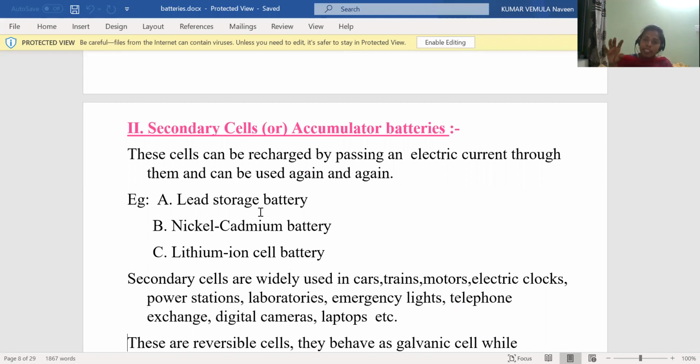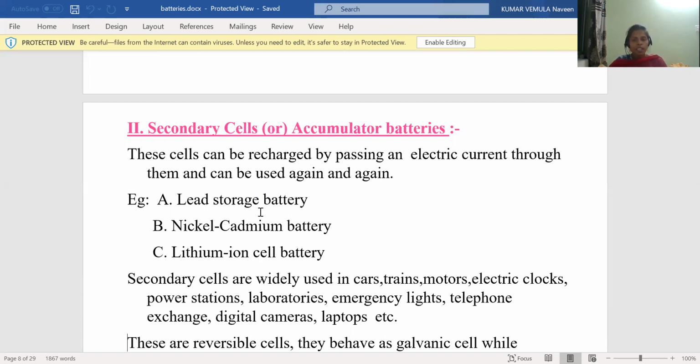So for example, in a mobile phone battery, after complete discharging, by applying direct current, the energy is again stored in the battery as chemical energy. Again in the discharging process, that is, in usage, the stored chemical energy is converted to electrical energy, and again electrical energy is converted to chemical energy. That is called the secondary battery.